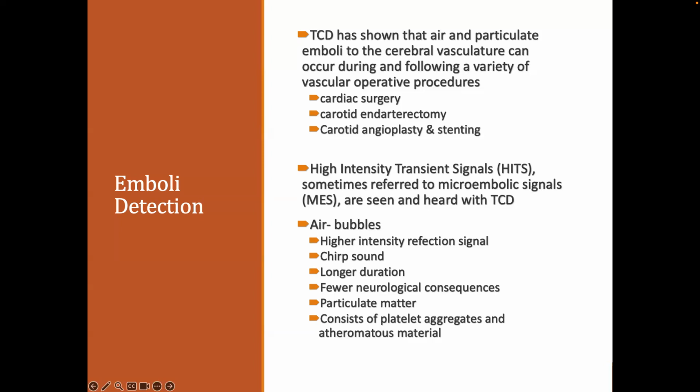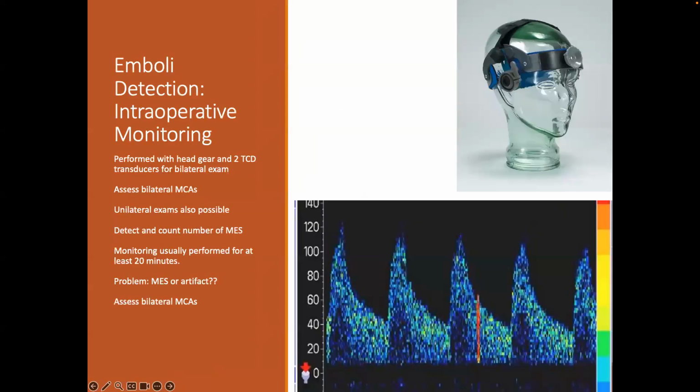I don't know the state of it now, but most embolic events have a mixture of all of those, so air and particulate matter. So does it really make a difference to differentiate between the two? Probably not.